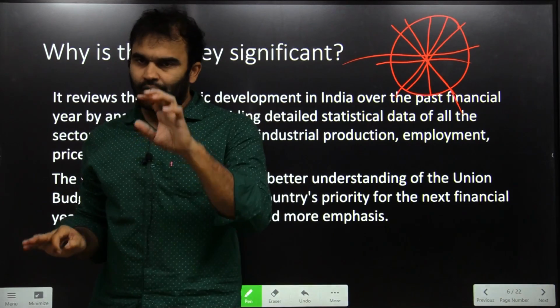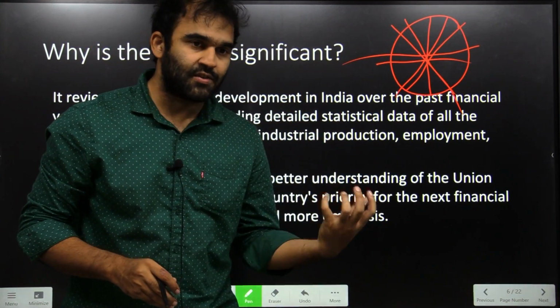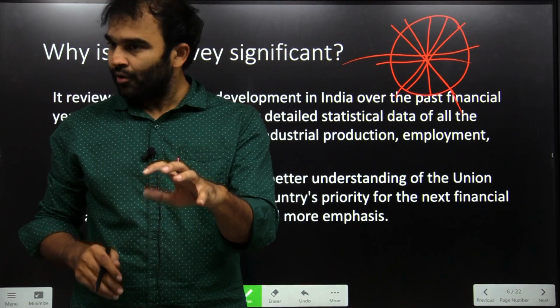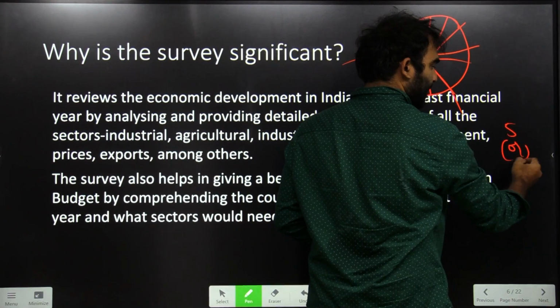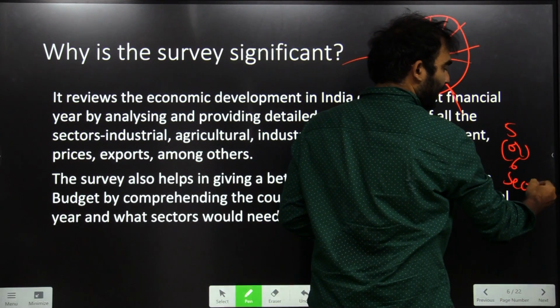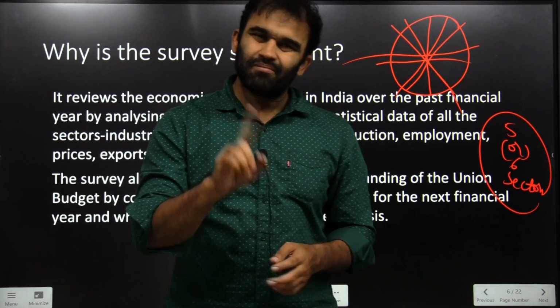Most of the time you will have prioritization by the government with respect to the sectors. So look out for the top 5 or 6 sectors that the government is focusing upon for the next one year.